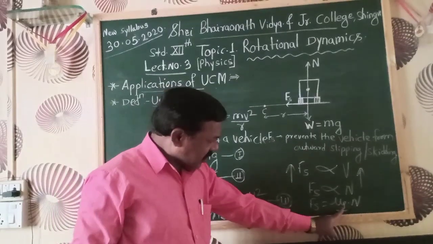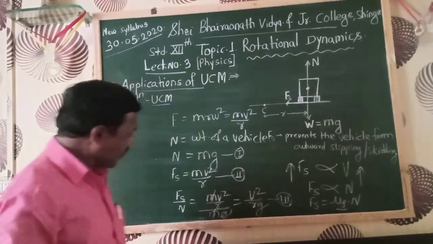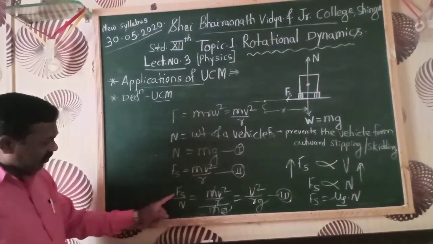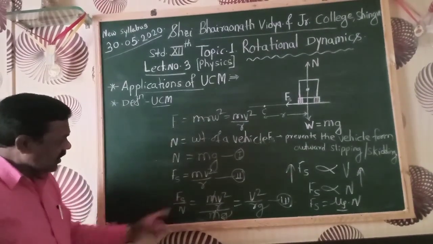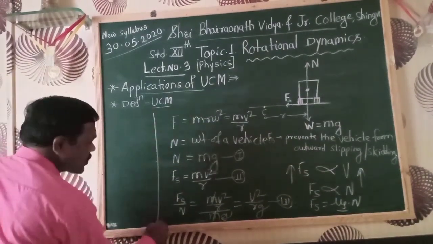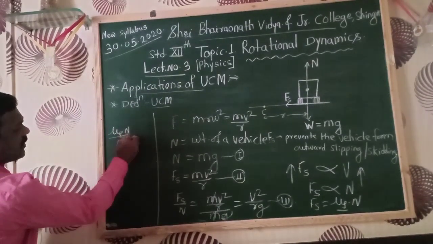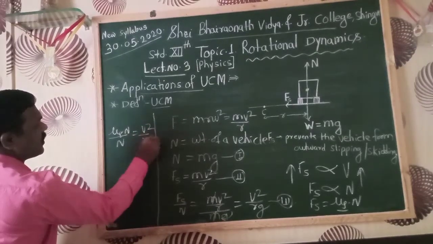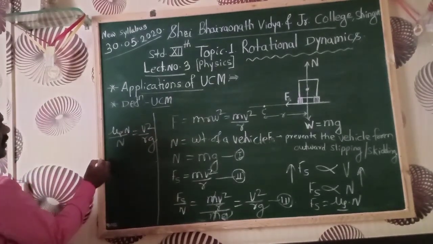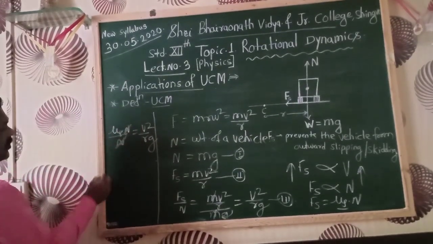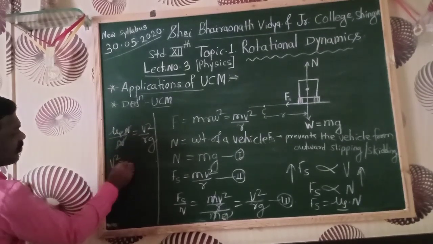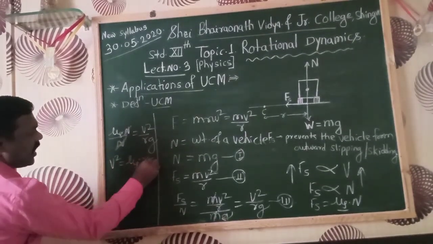Then substituting that value of Fs in relation 3, relation 3 becomes mu s N divided by N equal to v square by rg. Here N divided by N cancels out and we get v square equal to mu s rg.